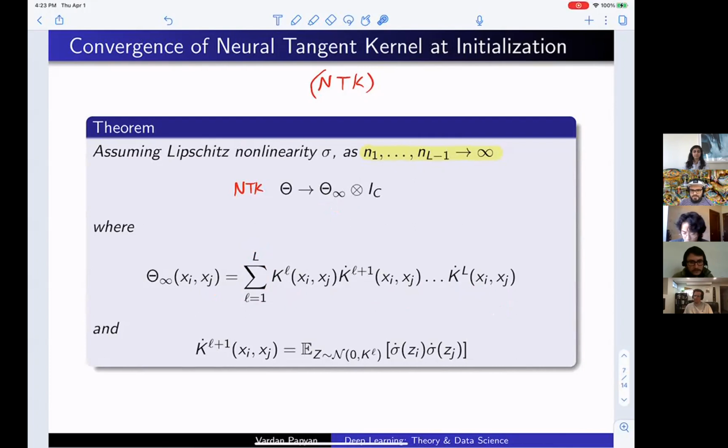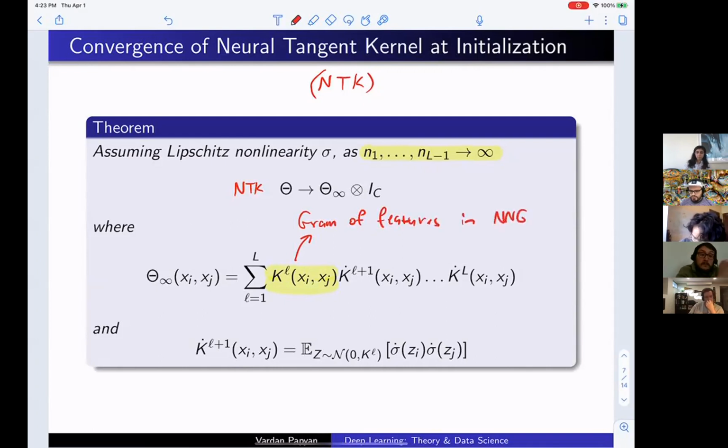I guess KL is familiar. Exactly. KL is familiar. Why? Because we've just said that KL is a gram of the features in the NNGP, the neural network Gaussian process. So this is just a gram matrix associated with the features.